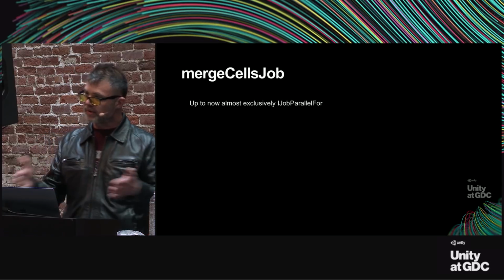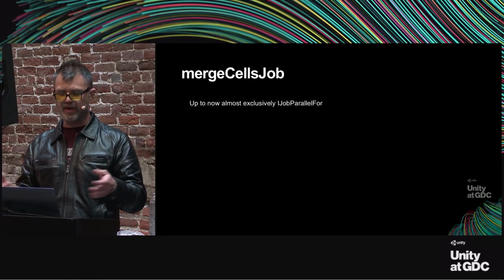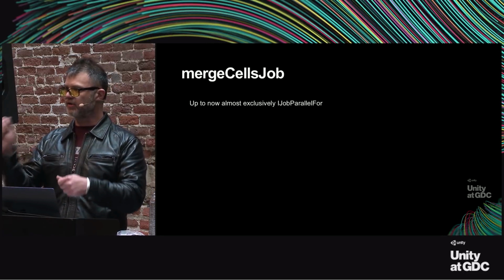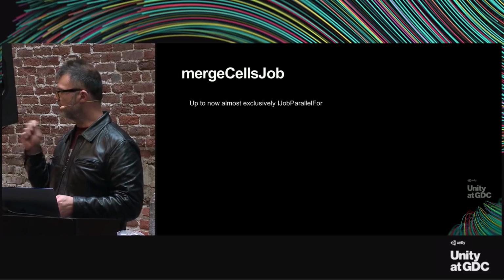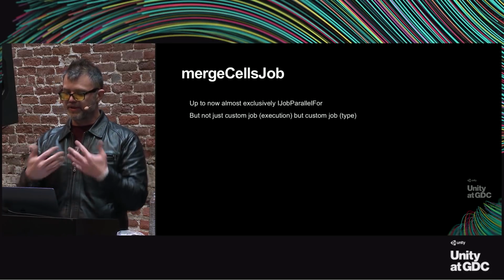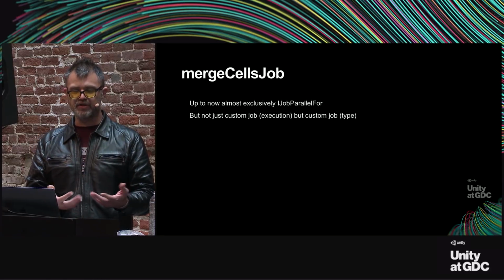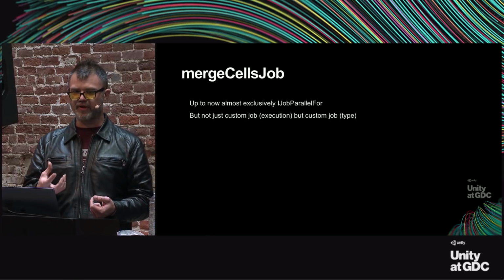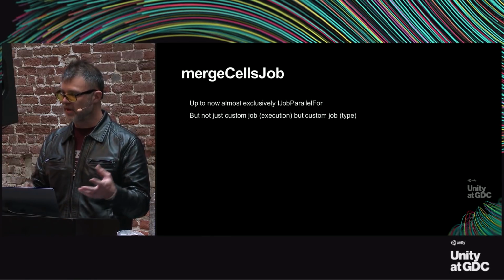Up to this point, all the examples that we've been looking at are almost all exclusively IJobParallelFor or some variation on that. Go wide, do each thing, individual kernel on one thing, right? But we don't just provide you a way to do custom job execution where you're providing that kernel. We also provide you a way of doing custom job types.